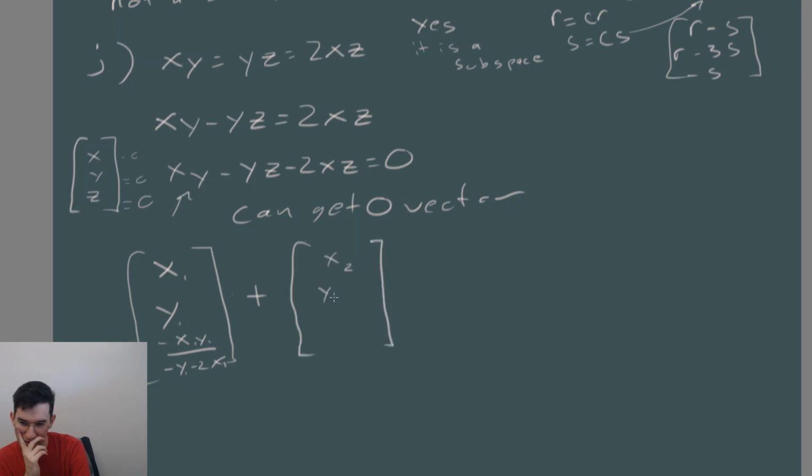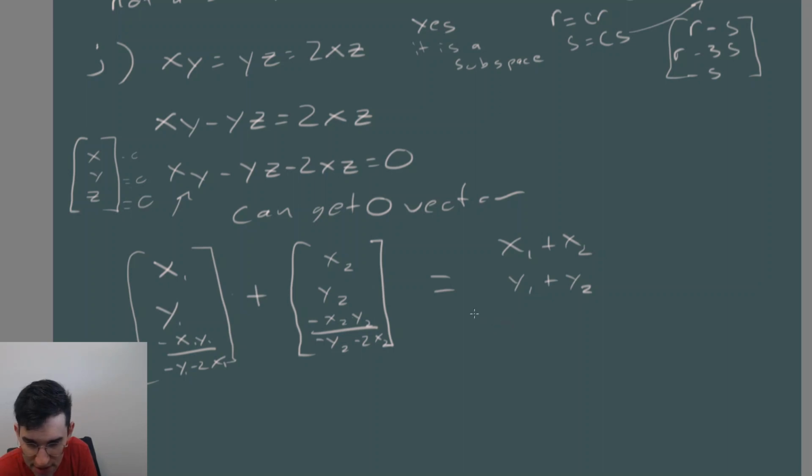x2, y2, negative x2 y2 divided by negative y2 minus 2x2. We get x1 plus x2, y1 plus y2, and z with subscripts.